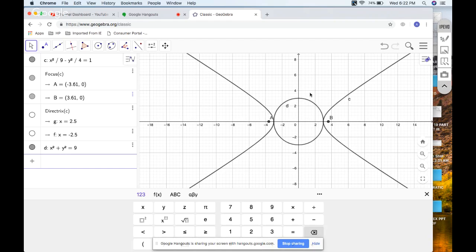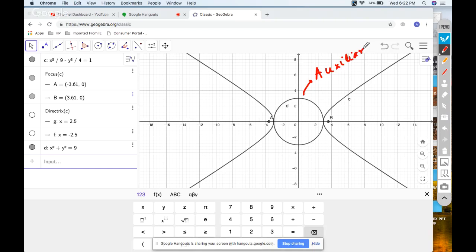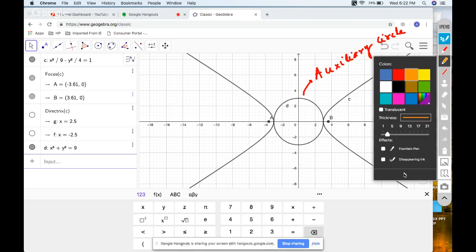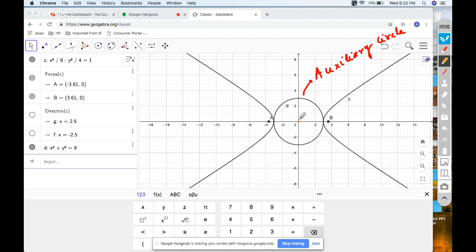By the way, this circle is called the auxiliary circle. All of you please pay attention over here in this auxiliary circle. What I'll do, I'll make an angle theta from the origin like this. So let's say this is angle theta.